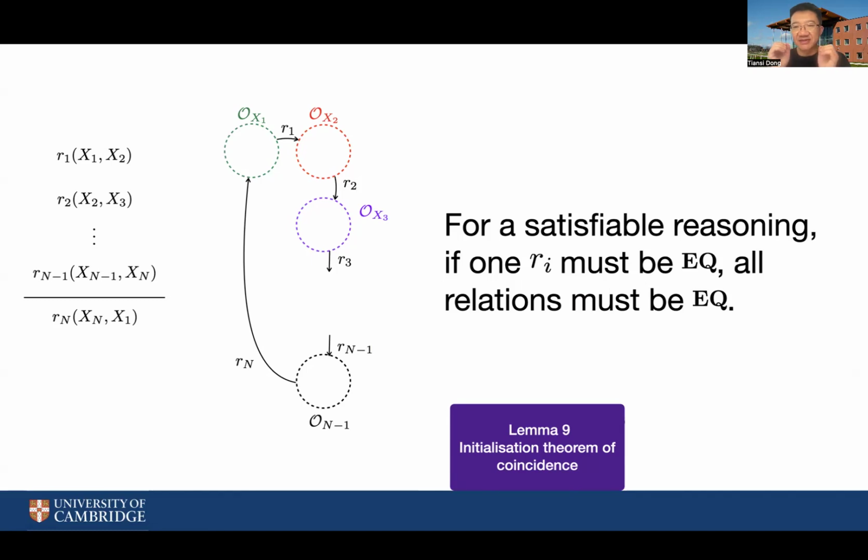Lemma 9 says if there is a model, and if one of the relations in this model must be equal, all of the relations must be equal. If this lemma is true, then our construction method, initializing all spheres as equal and then excluding this equal relation from model construction, is not introducing a problem; we will not lose models. And this is easy to prove by using mathematical induction.